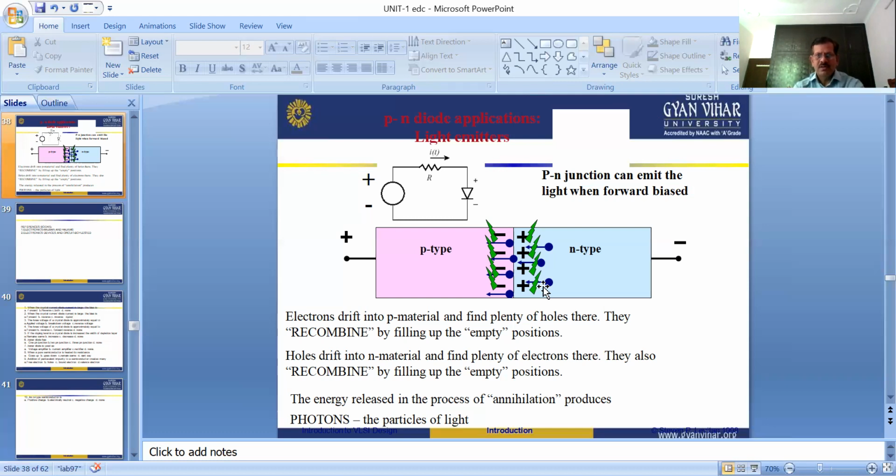Now we come to the application of the PN junction diode. A PN junction diode is simply used for rectification. Rectification means converting the AC signal into a DC signal.